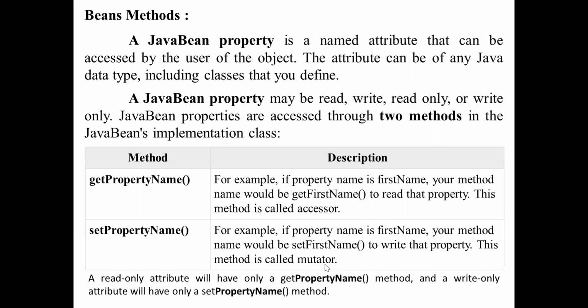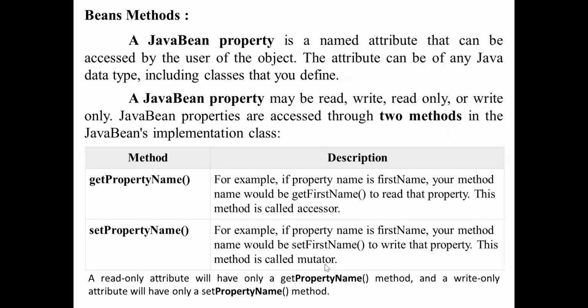These attributes can be of any Java bean data type, including classes, whatever you can define. So the user can define any object or any attribute of a Java data type. That is where the Java bean property can be applied.